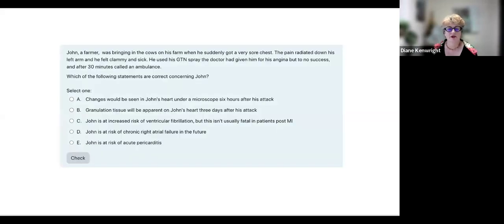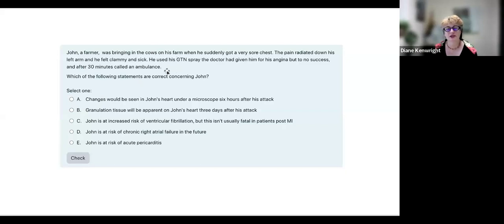All right, here we go. So this is another MCQ. I'm going to give you a moment to read it. I'm going to have a drink of my cup of tea. So remember, the first step to answering MCQs is to make a diagnosis.